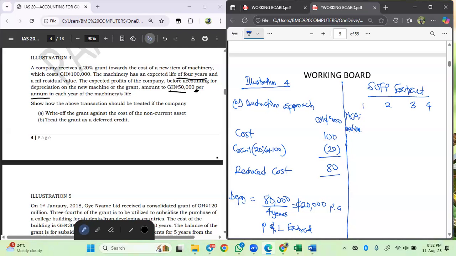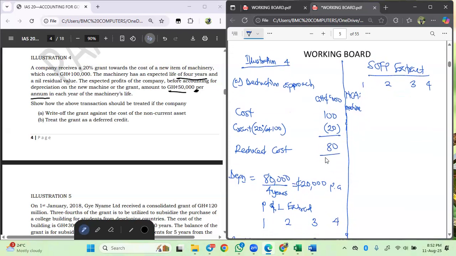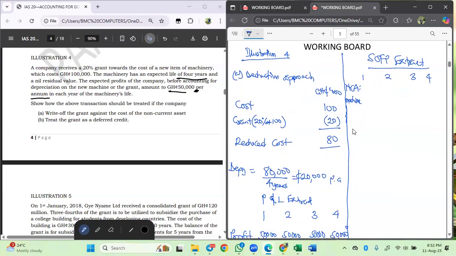In year 1, it will be carried at the reduced cost of 80 less the depreciation of 20, which gives us 60,000. So this one was the 80K minus the 20K.